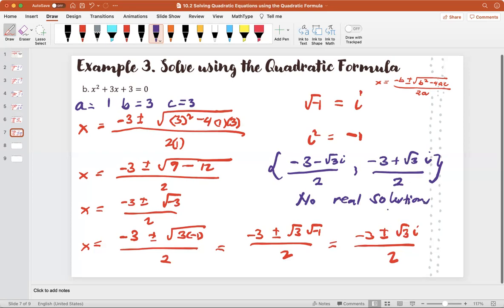As long as your solutions are complex numbers, then you can say no real solutions. But specifically, what are these? These are the solutions which are not real numbers.